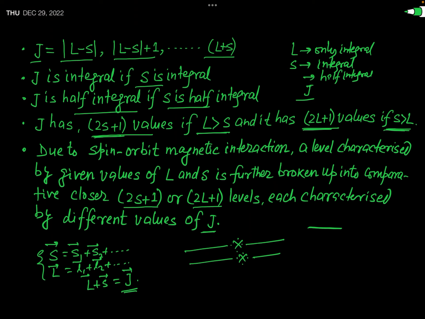This Lande interval rule is a very important fact to decide the energy levels. So in the forthcoming lecture on this LS coupling, we will discuss two facts. First one will be the Lande interval rule, and the other will be the concept of normal and inverted multiplets. And this is very important for the civil services examinations.